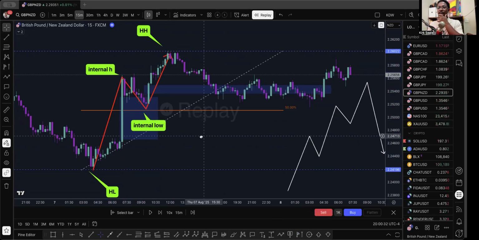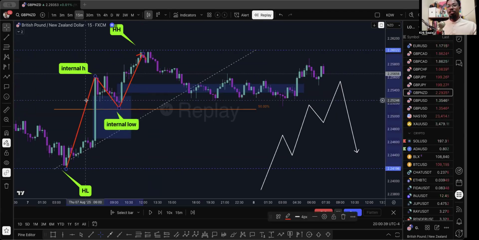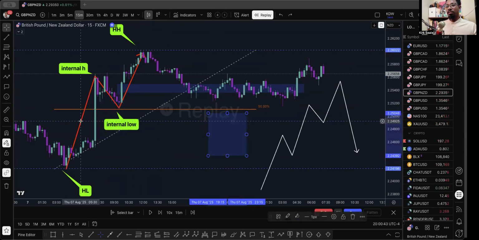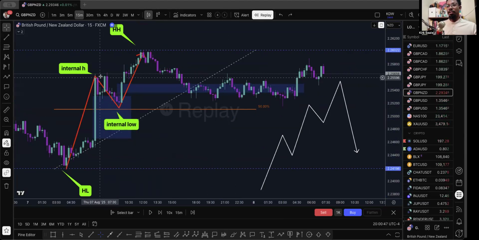All right. So there's an internal low and an internal high. And again, my beginners, you guys realize that this pattern keeps popping up, right? This pattern that I told you keeps showing up. Y'all see that it showed up right here. Cool. All right.